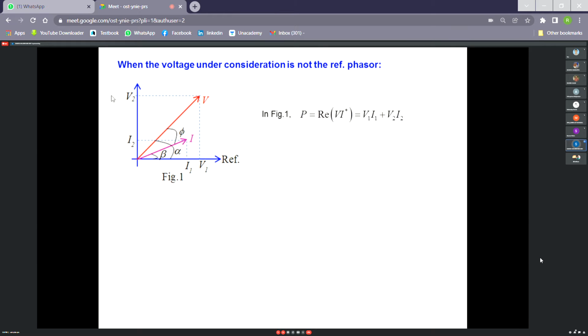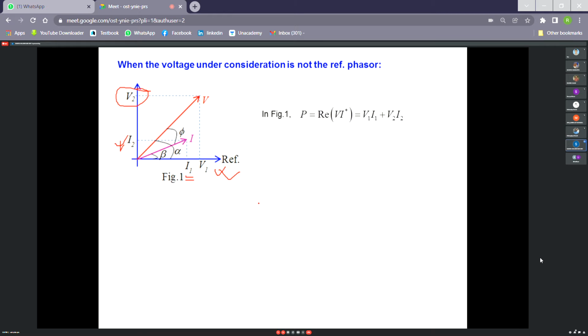Now you see the reactive power. If you consider V2 and I1, then you see I1 is lagging behind V2. Then which type of reactive power is this? Inductive. And if you think about I2 and V1, which type of reactive power is this? Capacitive.